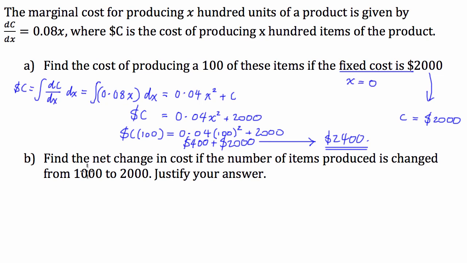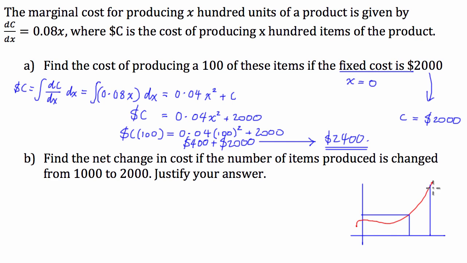Okay, because we've got net change in cost here, the fixed costs in this part of the question don't really make any difference because, for example, if we've got a function, let me draw some axes, if we've got a function that say looks like this, and we're looking for the net change in y from when we've got x equals this value to x equals this value.